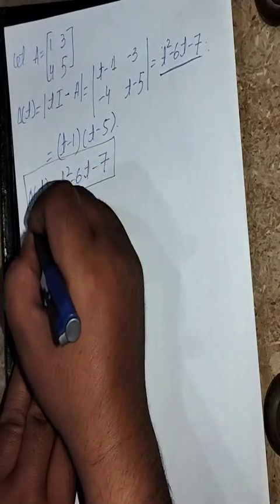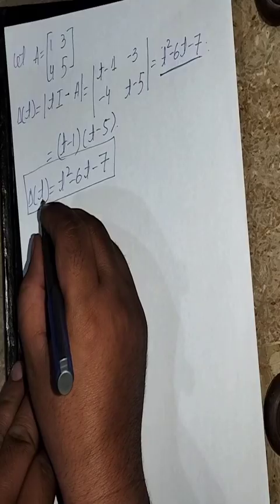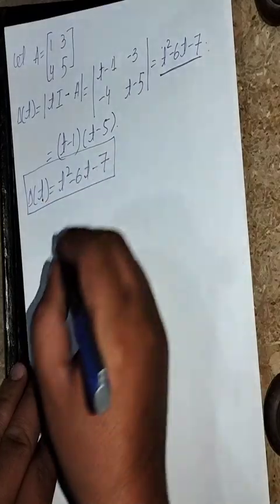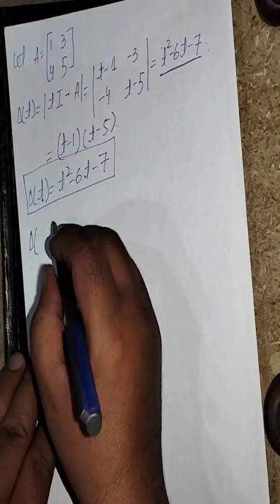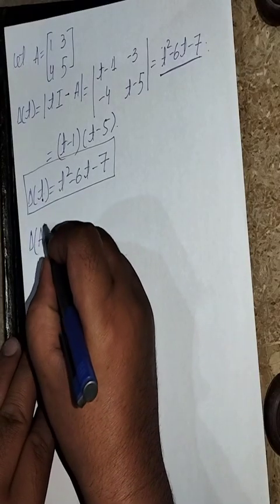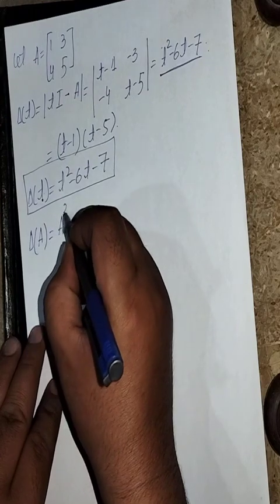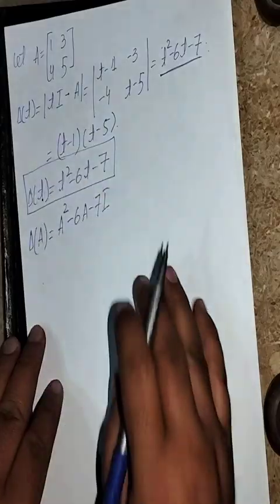Now apply the Cayley-Hamilton theorem. Cayley-Hamilton theorem states that if you put the matrix A in this characteristic polynomial, this should result in the zero matrix. So replace t with A. Delta of A equals A square minus 6A minus 7I.